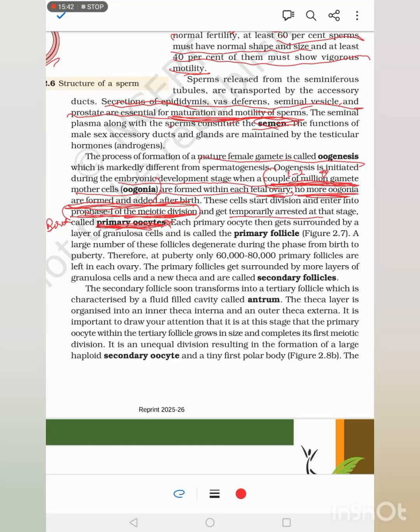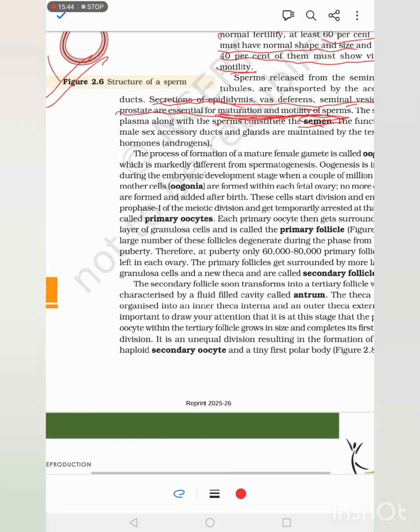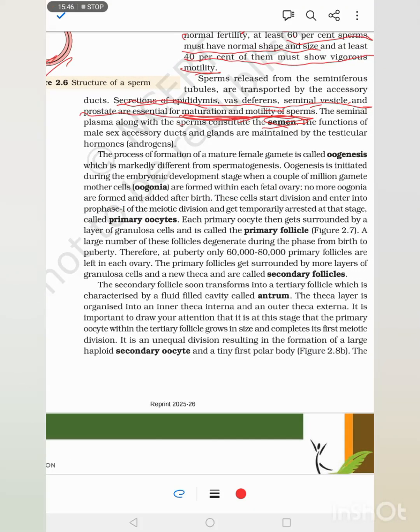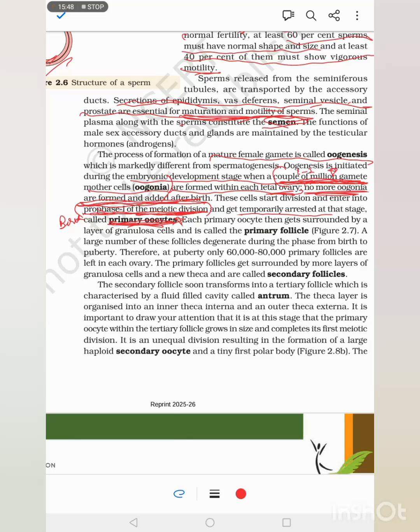So if somebody asks the definition of primary oocyte, it is the oogonia or gamete mother cell in a female at birth that starts cell division, enters into prophase 1 of meiotic division, and gets temporarily arrested. In that prophase 1, the cell is known as primary oocyte.